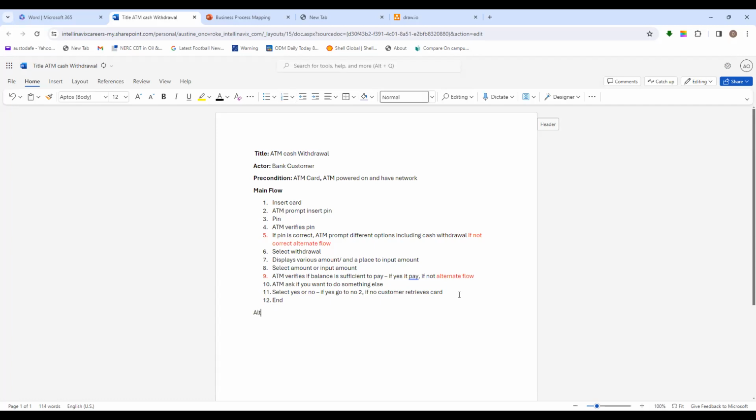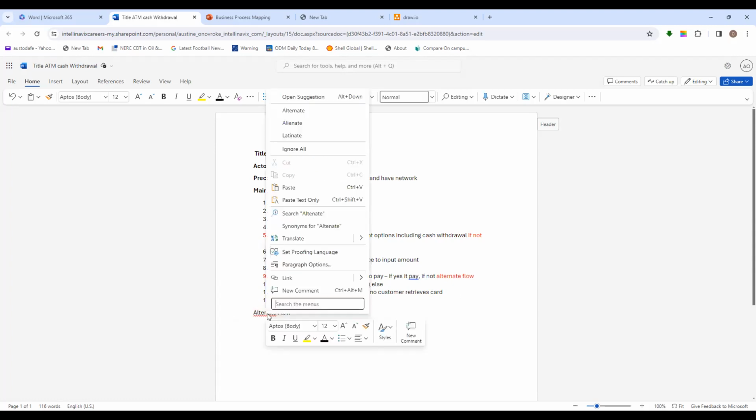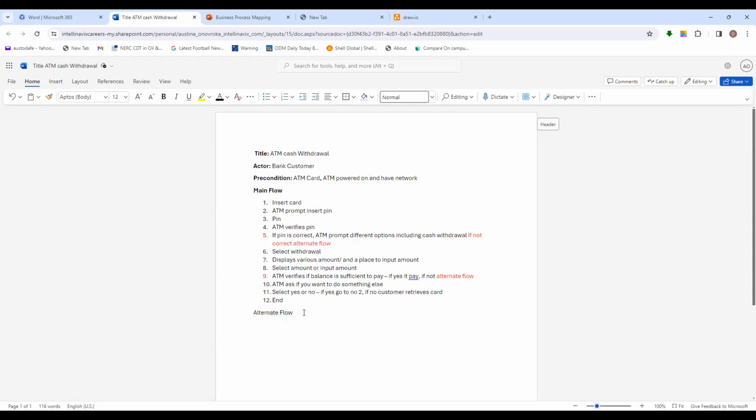Let's go to the alternate flow. So let's deal with alternate flow 1. We have 2, or is it 2 or 3, alternate flows? Let's deal with alternate flow 1. The first alternate flow: ATM verifies PIN.